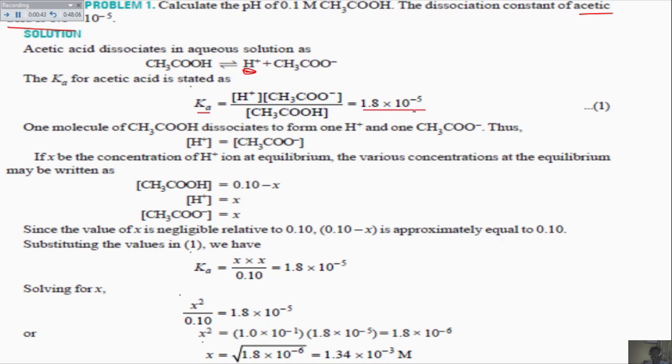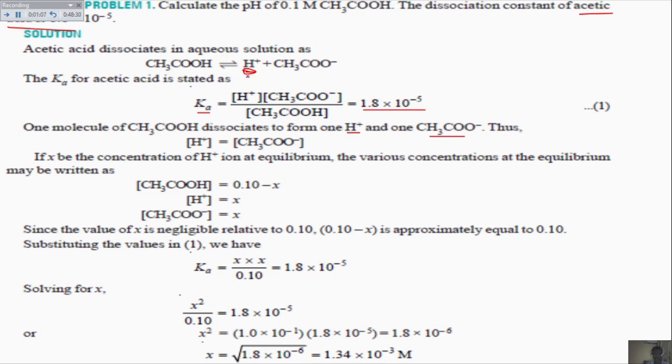In this case, we are given the acid dissociation constant. Then one molecule of this dissociates to form this and this. Thus, the concentration of hydrogen plus will equal the concentration of this. After the equilibrium, what happened?